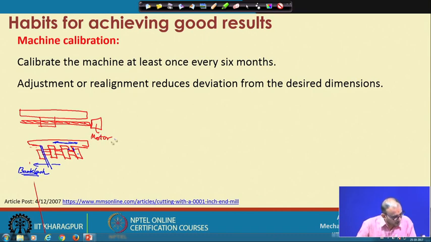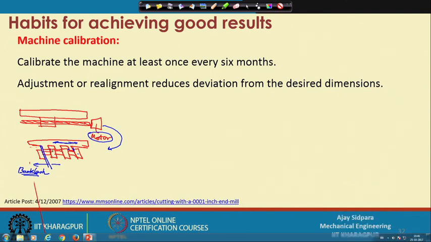So, your motor will give a signal because the motor is rotating. If it is a rotary encoder, it will signal that your table has moved maybe 10 micron or 100 micron, but your actual table is not moving. So, to take care of this backlash, you have to calibrate your machine.